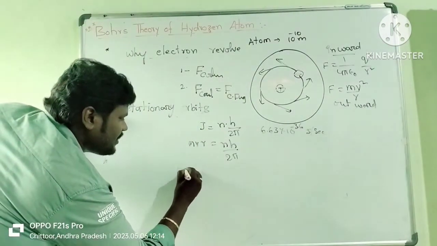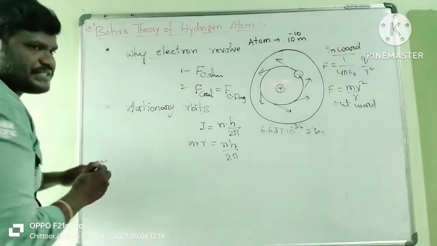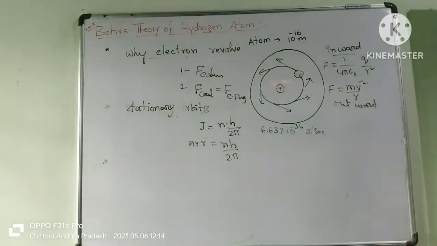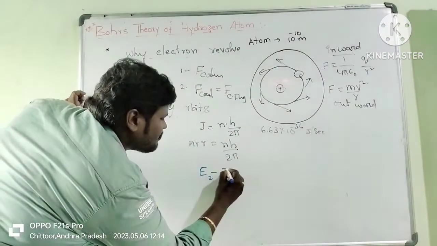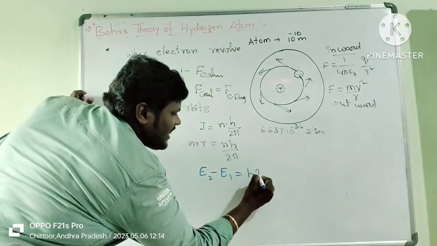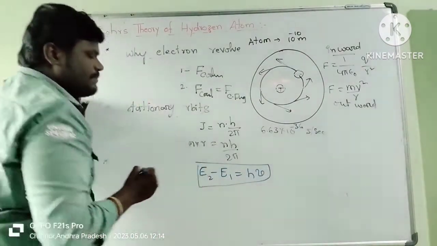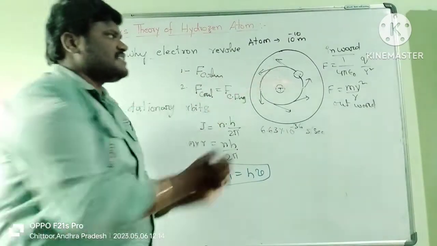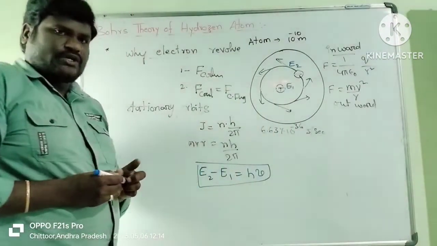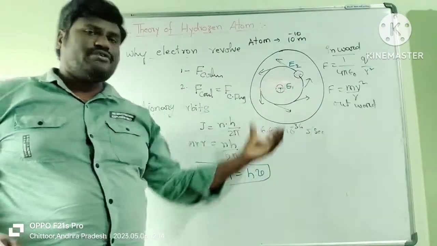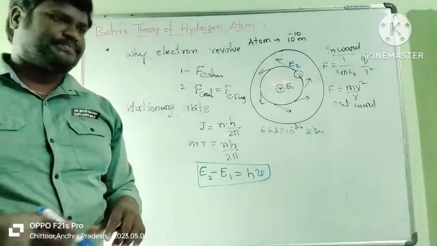So E2 minus E1 is equal to h nu. This is the emitted radiation from the higher energy level E2 to the lower energy level E1. From E2 minus E1 it will produce h nu radiation.